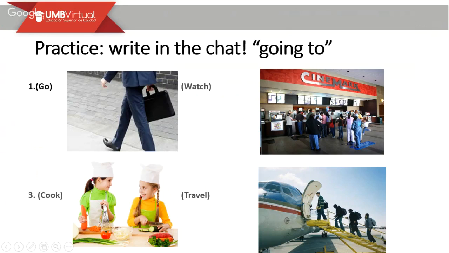They're going to go to the cinema. All right. Cook. They are going to cook a salad, probably, and travel. He's going to travel to the USA or he's going to travel to Canada or another place. It doesn't matter. So those are the sentences you can construct using going to and including the verbs we have right here on our screen.